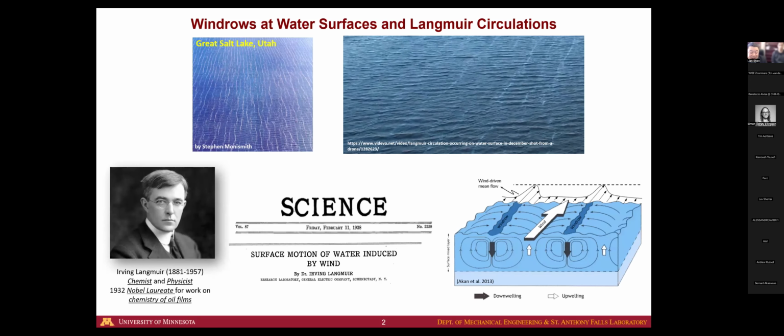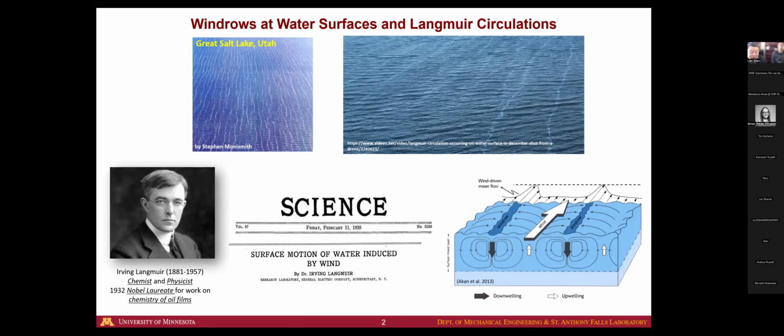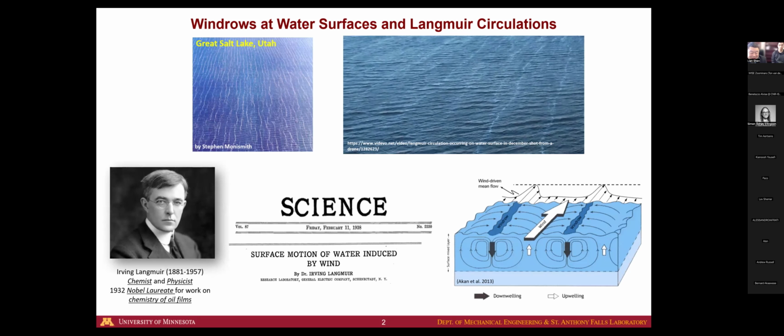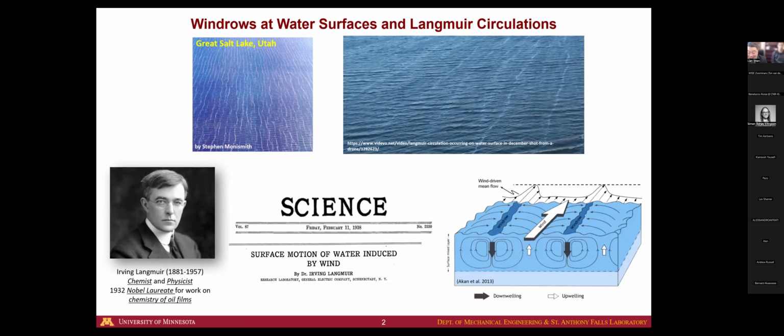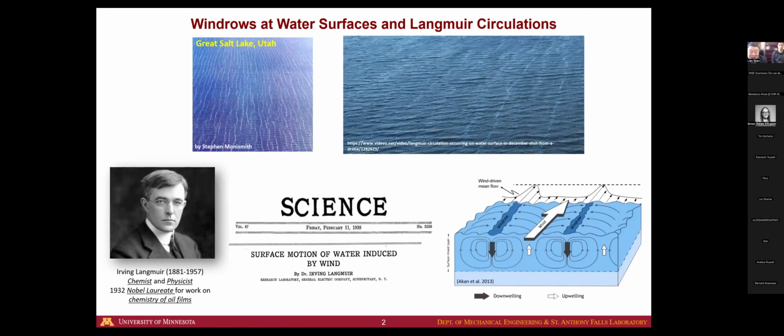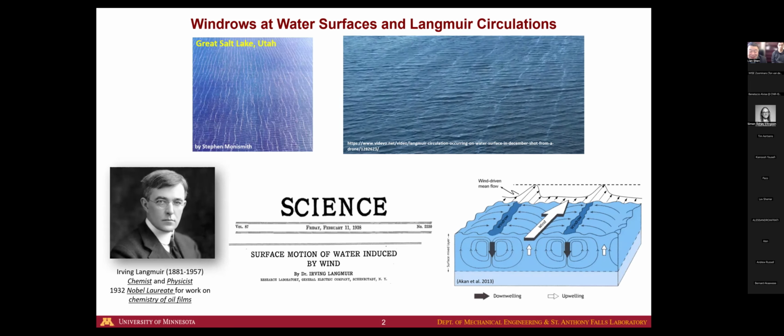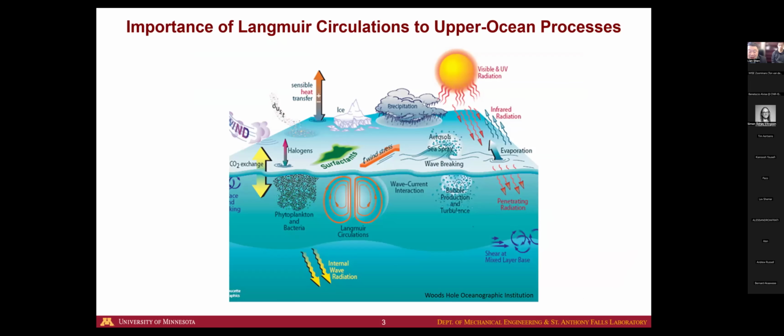It got its name, and for this audience I don't need to introduce this, from Langmuir, and that is due to the bigger counter rotating vortices underneath. And also, this audience is so aware of this and probably much better than me about how important the Langmuir cells are in the upper ocean processes. So let me just move on.